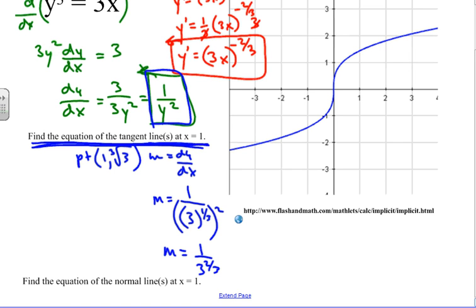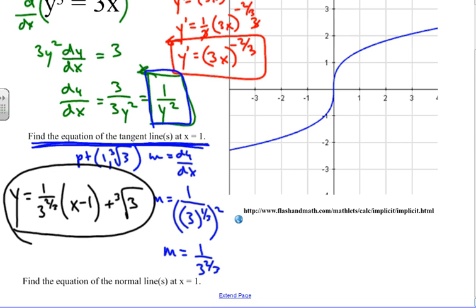So our equation of our tangent line: y equals 1 over 3 to the 2/3 power times x minus 1, plus the cube root of 3. That's the equation of the tangent line at 1. Look at that right there.